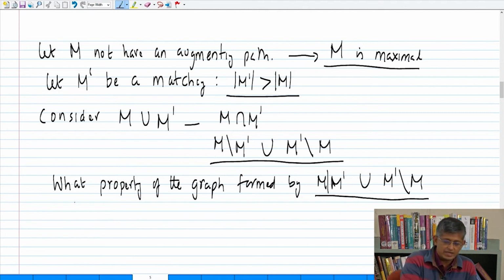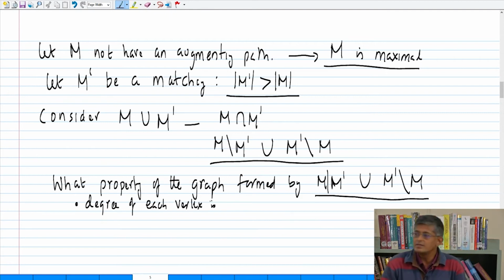So the simplest one, which he's already answered. He's given a stronger answer, but let me point out the simplest of ones. Degree of each vertex is what? Less than or equal to 2. It's either 0, 1 or 2.